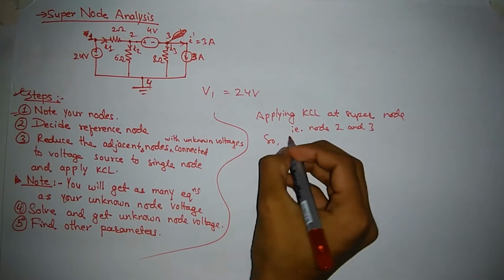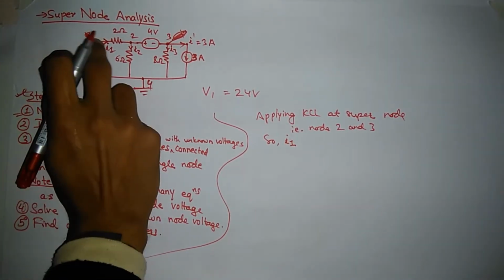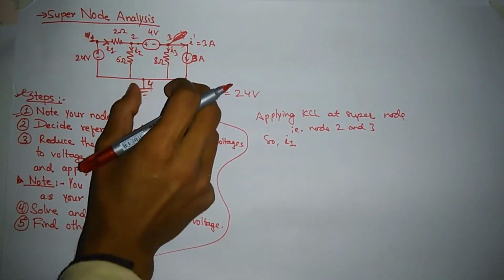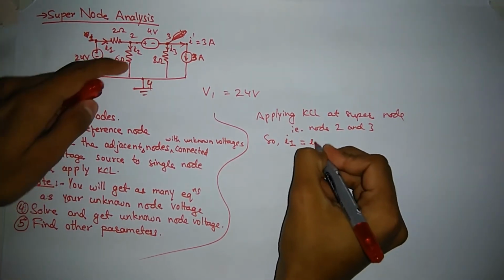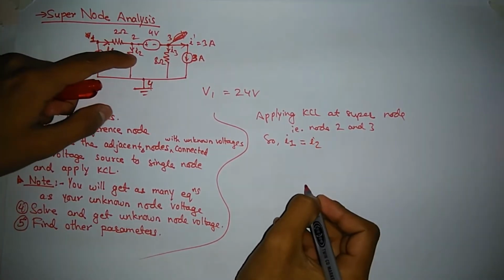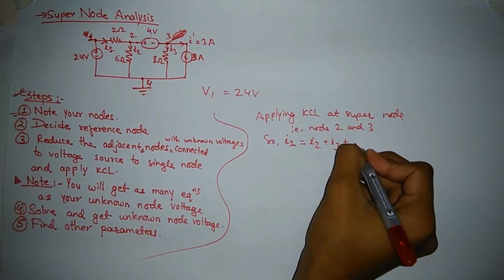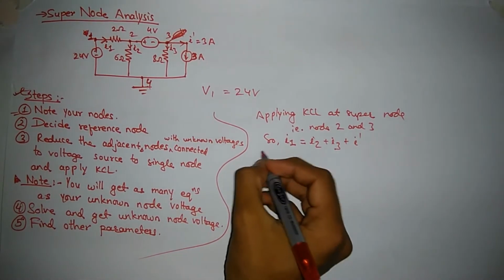I will consider these 2 nodes as a single node and apply KCL. Here is my equation. I1 is going inward, and all others are going outward from this node. That is, I1 is equal to I2 going outward from node 2, I3 going outward from node 3, and I dash going outward from node 3.